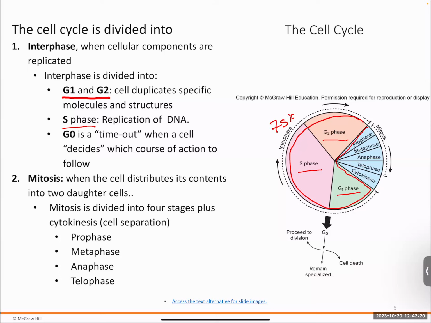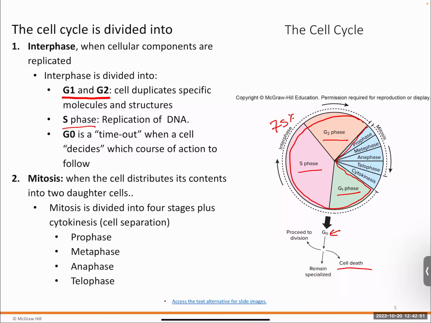Now, it is important to note that not all the cells undergo the interphase and then complete the process of mitosis all the time. Many times, the cell completes its G1 phase and then goes into what we call a G0 phase. So G0 phase is where you have done some monitoring. If there's damage to the cell, you don't need the cell, and it goes ahead and gets destroyed.